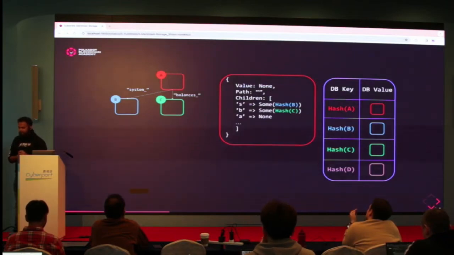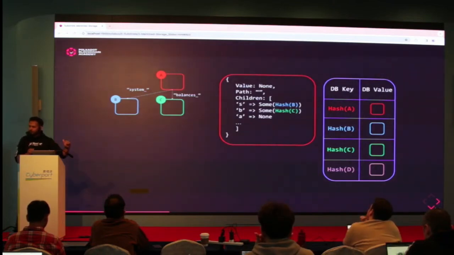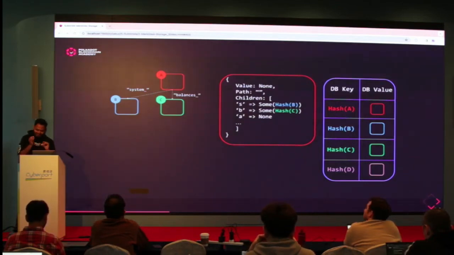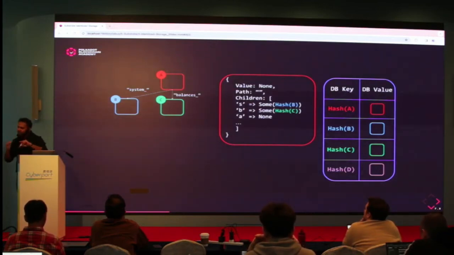The children are S, B, or any other. That's how this structure works: you have a path on the trie structure, and you traverse a path to get your value.